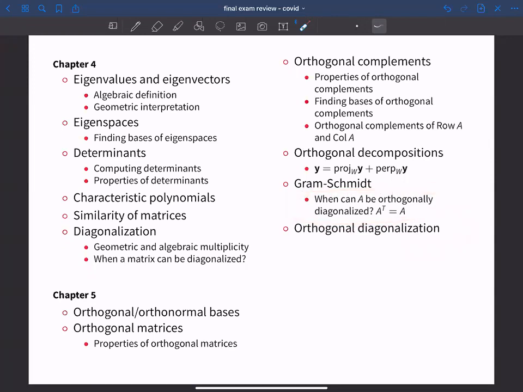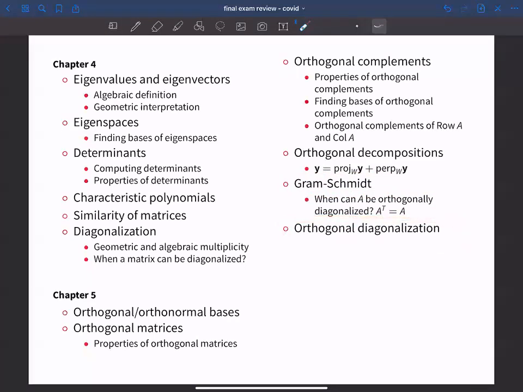So we learned about the Gram-Schmidt procedure, which allows us to take a basis for a subspace, and by doing Gram-Schmidt, even if the basis isn't orthogonal to begin with, we can convert it into an orthogonal basis. We talked about orthogonal diagonalization.